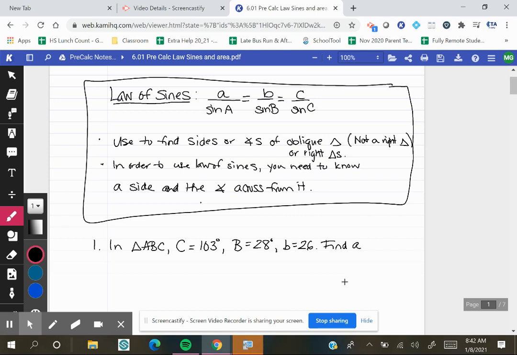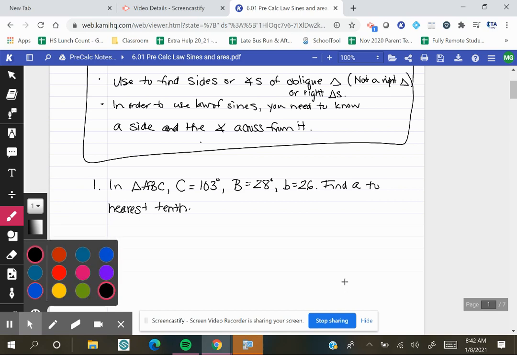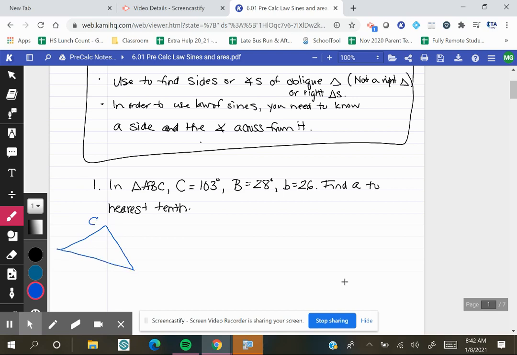And find lowercase a to the nearest tenth. So usually it helps to draw a picture. Again, it doesn't have to be to scale, just so that you can get an idea of what information you have and what information you still need.